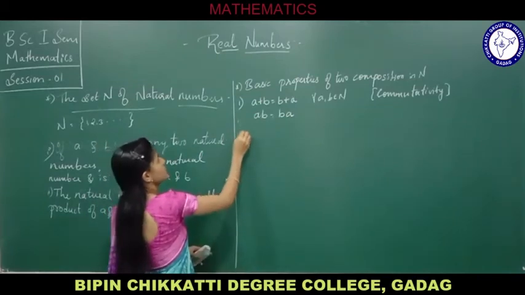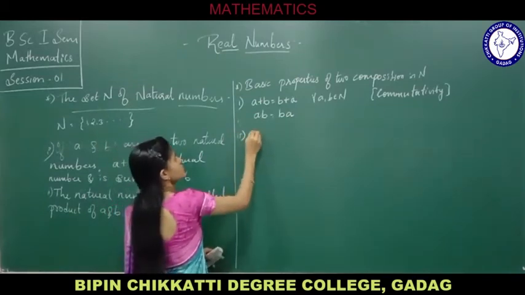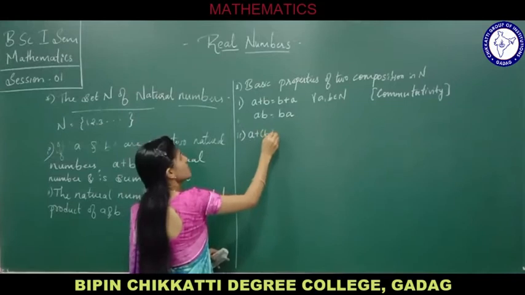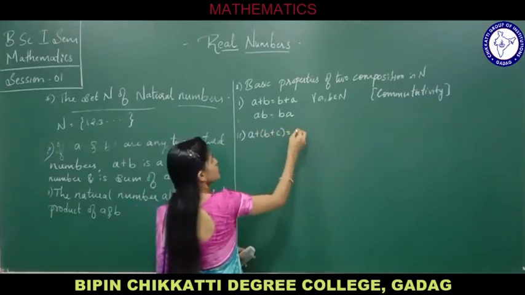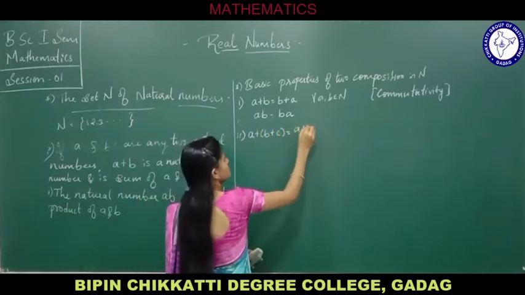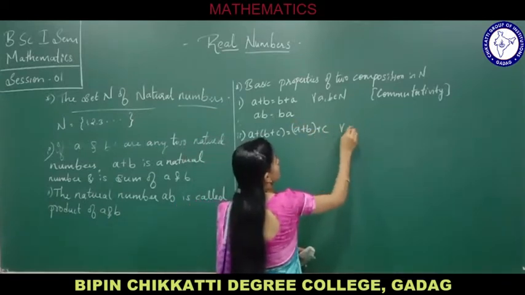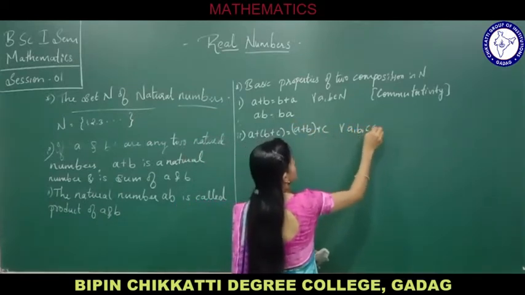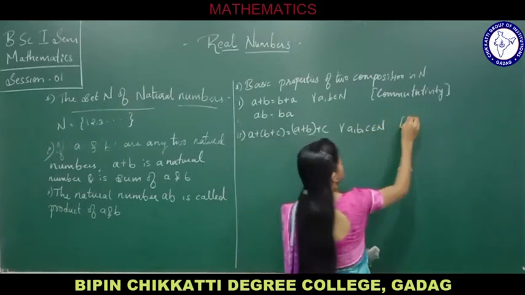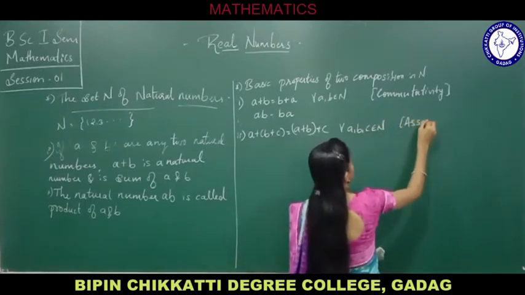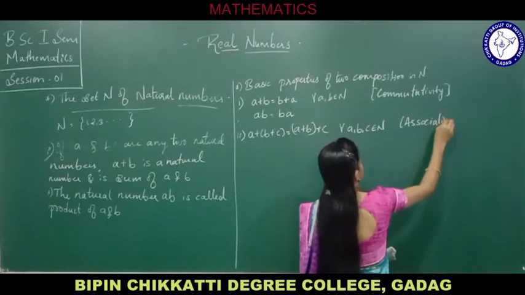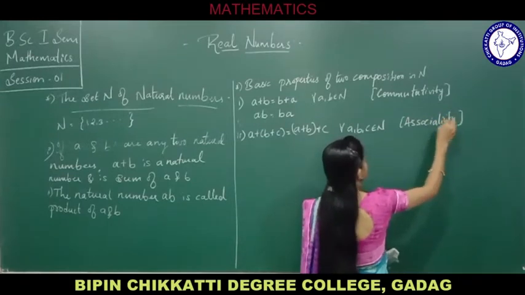Then the next one, the same for the associative property: A plus (B plus C) equals (A plus B) plus C for all A, B, C belonging to N. This is associativity, or the associative property, of addition.